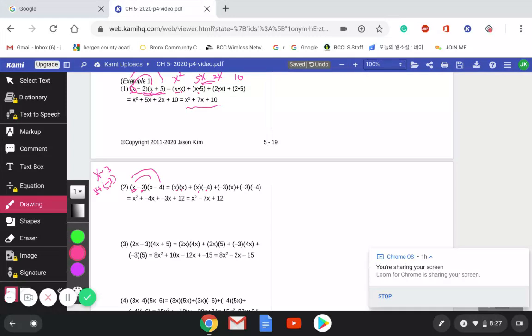So negative 3 with the x and negative 3 with the negative 4. If you combine the like terms, x with x is x squared, x times negative 4 is negative 4x, negative 3 times x is negative 3x, negative 3 times negative 4 is positive 12. So you end up with this.